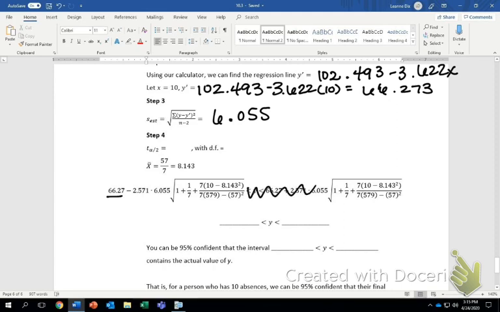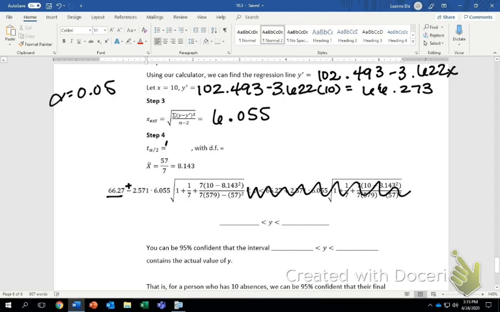So this would be, and I'm going to erase all that because we only really need to do it once, and then we can copy it again and change the sign. So we got that 66.27 right here for plugging in x, and we have our standard error of estimation next to our square root. So remember, this can be plus or minus, and alpha is 0.05. I'm just going to write that so we don't forget it.